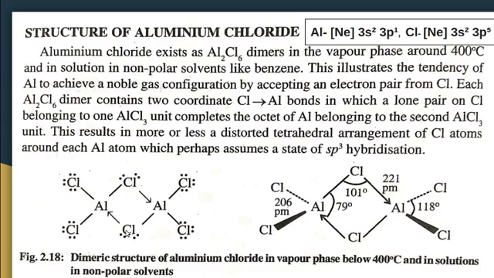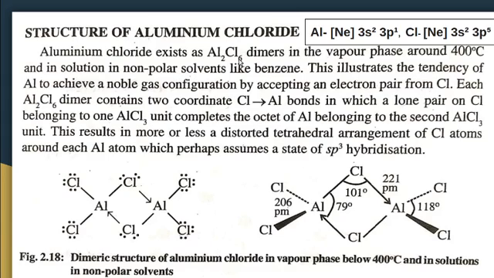So it can accept a pair of electrons from the neighboring AlCl3 unit. That means aluminium chloride exists as Al2Cl6 dimers in the vapor phase around 400 degrees Celsius and in solution in nonpolar solvents like benzene.